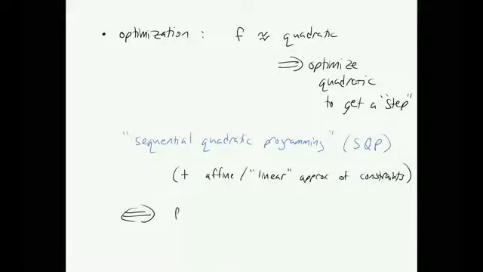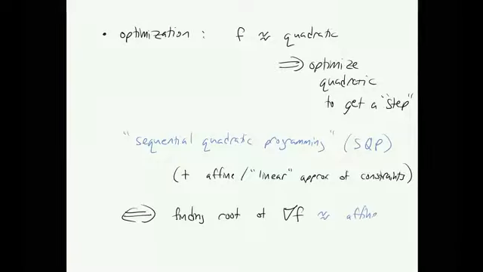So we're finding a root of the gradient of f, and you're going to approximate it by a linear, or colloquially linear, function: f prime of x plus f double prime of x delta x.